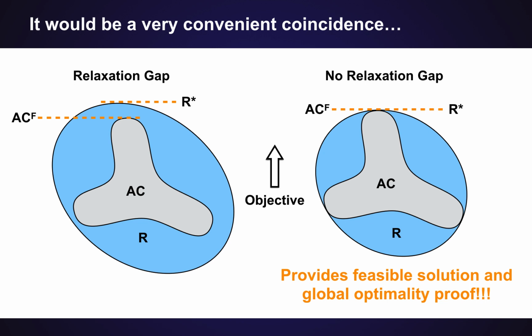This is super exciting if it happens, because one, it provides you a feasible solution to your original non-convex problem using a fast, convex algorithm, but it also gives you a proof of global optimality of that feasible solution, because we get global optimality with the relaxation, and it's a bigger set than the original. If it's also feasible, it's a globally optimal solution to the original problem as well.